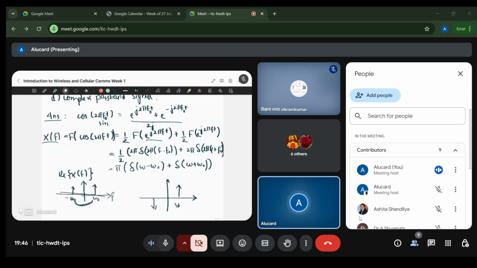So there will only be an imaginary part in the Fourier transform of a sinusoid, a sine signal. So we'll get the imaginary part of X of f. This is for sine to be like this.